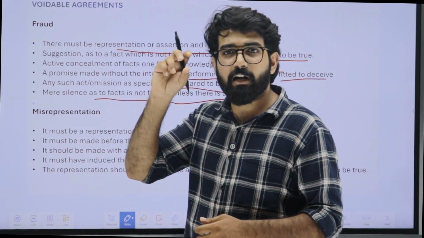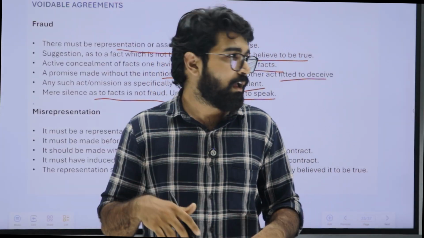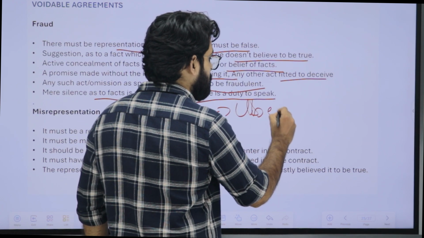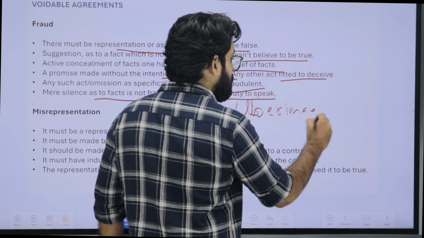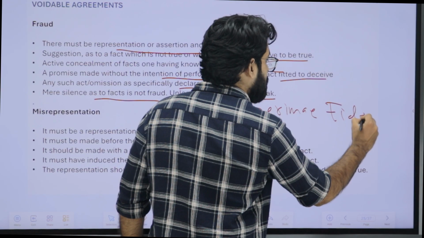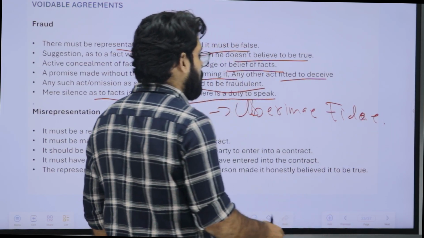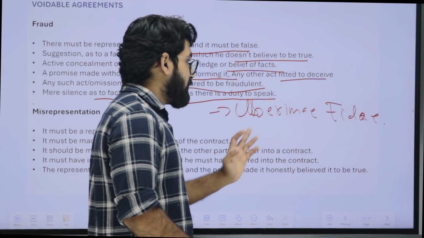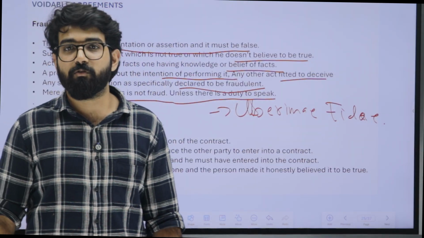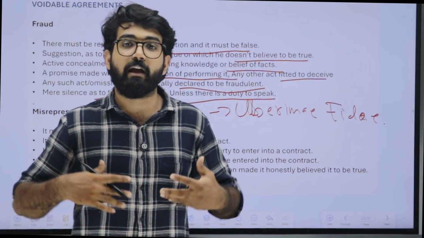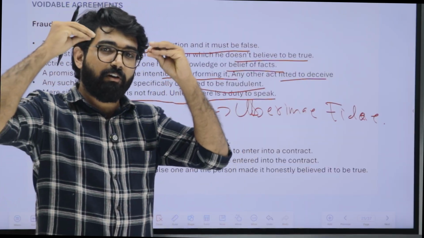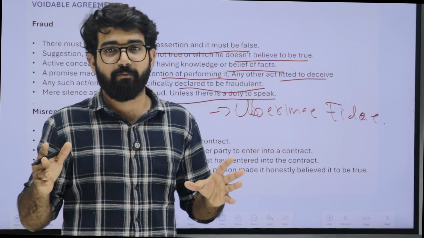There is a concept called uberrima fides. Or uberrima fides, you can call it whatever you want. This means contracts of utmost good faith. In certain kinds of contract, we have to disclose everything. For example, insurance. We have to disclose everything.